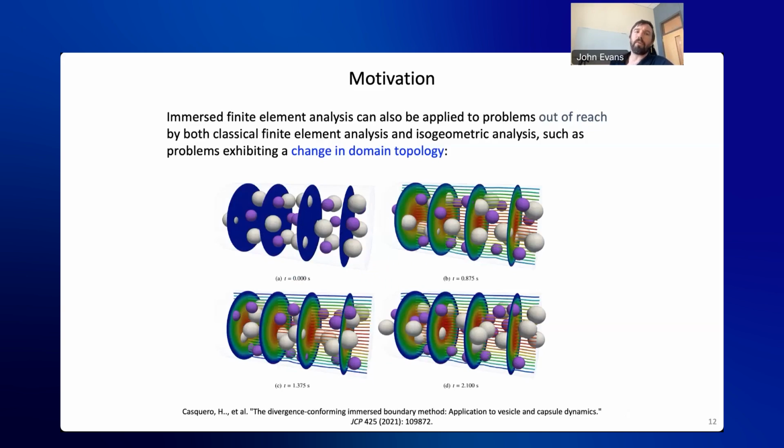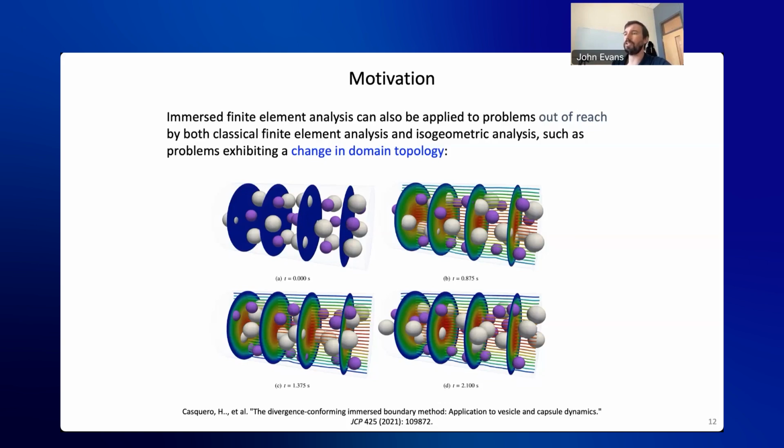And another example where you have a change in domain topology is when you're trying to actually model, say, blood cells moving through a capillary. And in this case, the fluidic domain topology changes as blood cells enter and exit the domain.